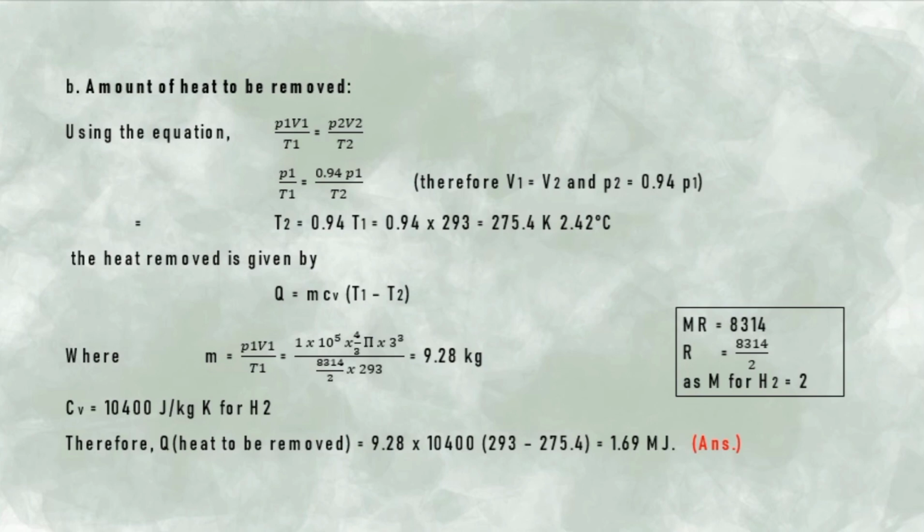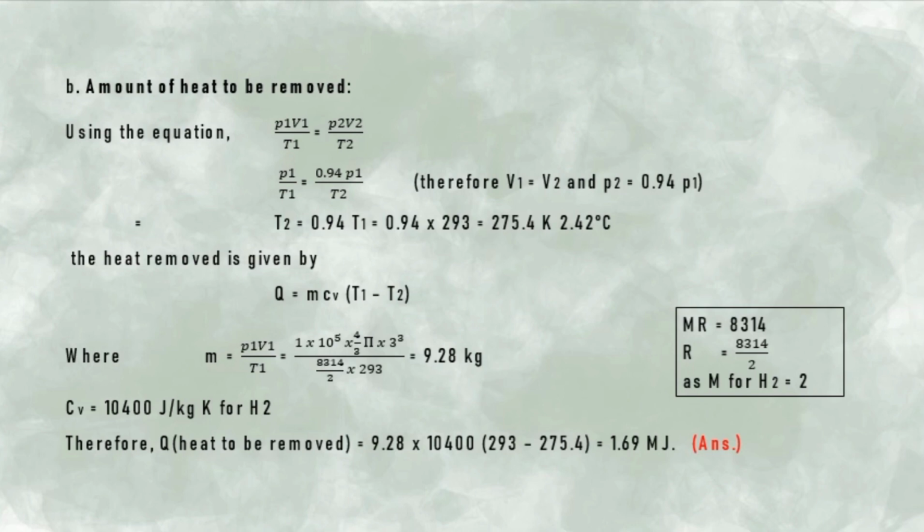From our molar gas constant, which is 8,314, we will divide it by 2 for H2, since the molecular weight is 2. Substituting, we have 1 times 10 raised to the 5th power times 4/3 pi times 3 cubed all over 8,314 over 2 times 293, we have 9.28 kilogram.